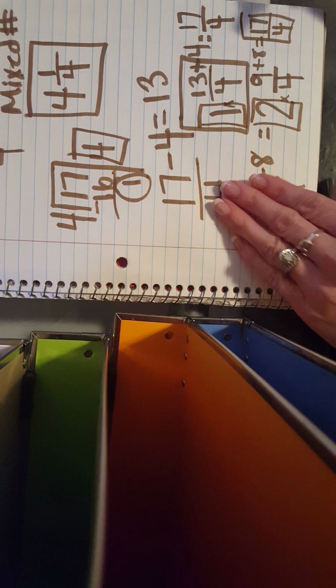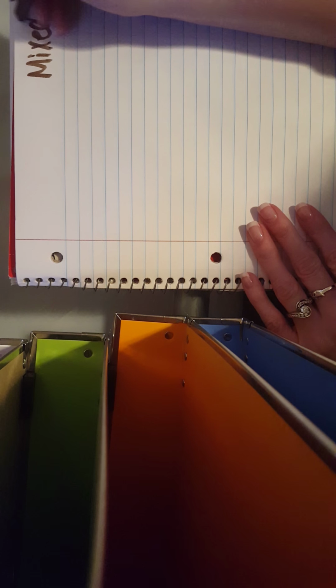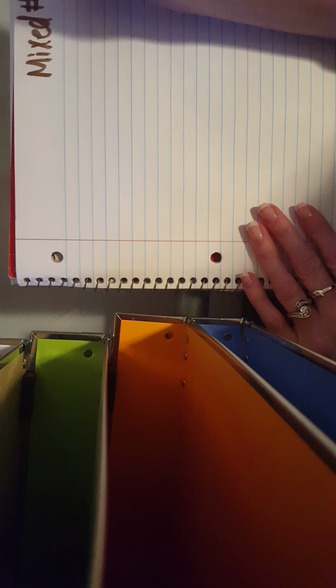If we want to switch a mixed number to an improper fraction, that's a little bit different. So if I have 2 and 2/7, that's my mixed number, where I have a whole number and a fraction. If I want to say to myself, what was the improper fraction for 2 and 2/7?